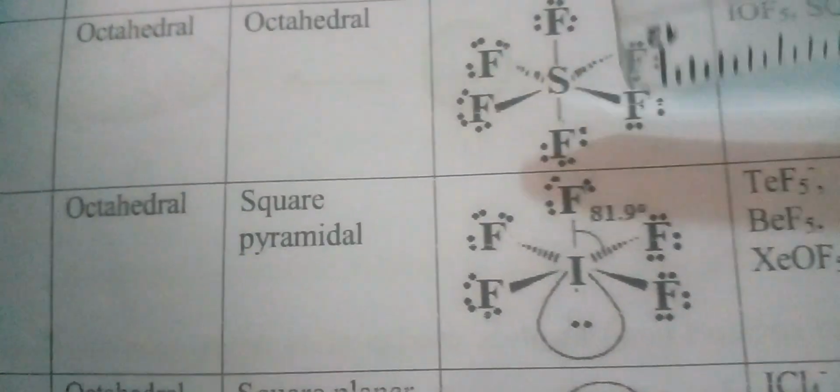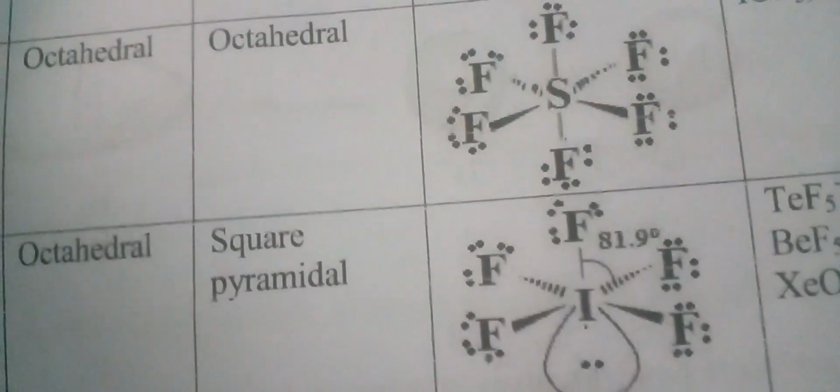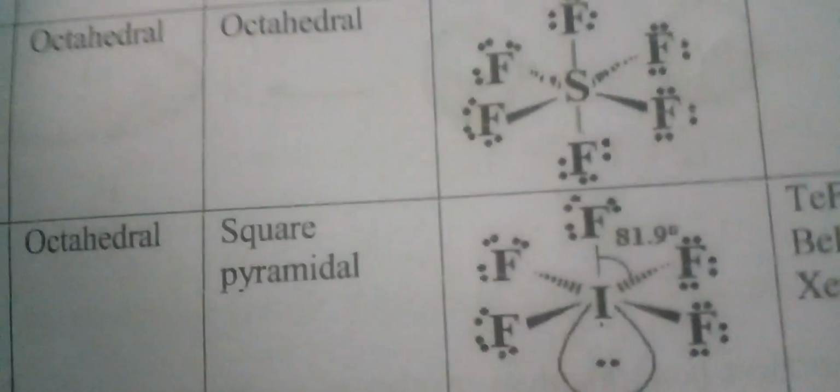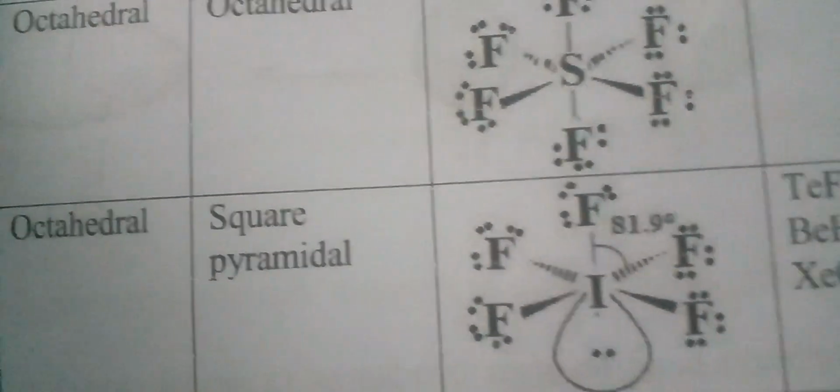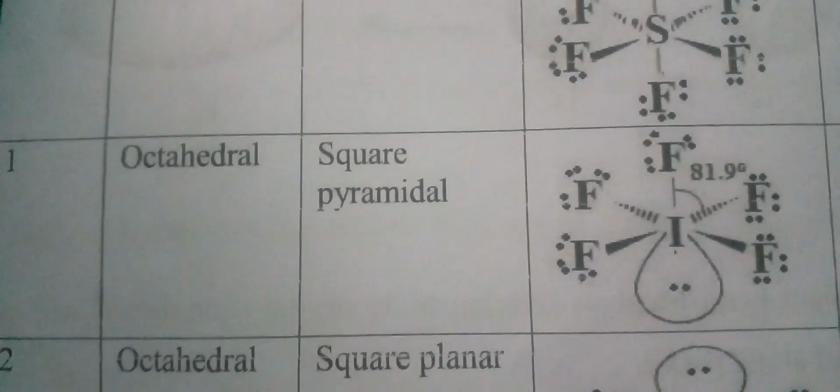For example, if you look at this compound here, sulfur hexafluoride, it has a total of 6 bonds. So that molecule can undergo what we call sp3d2 hybridization. So it forms an octahedral kind of shape.